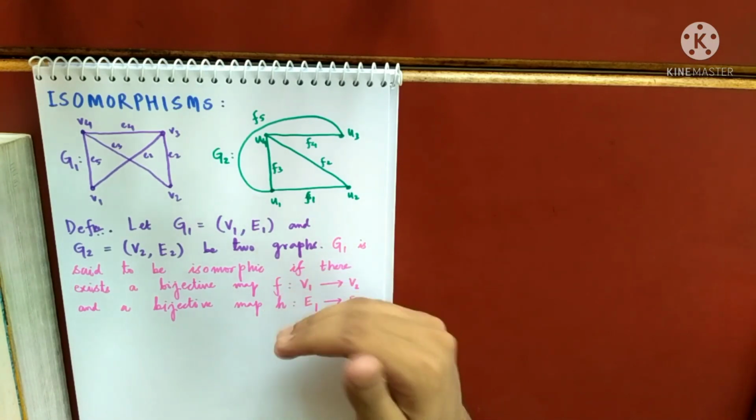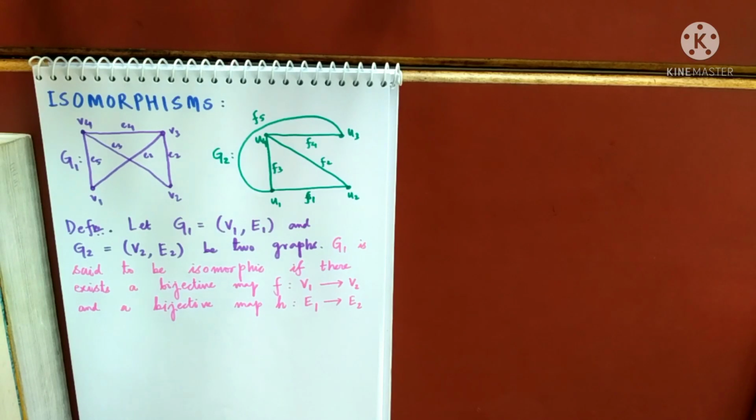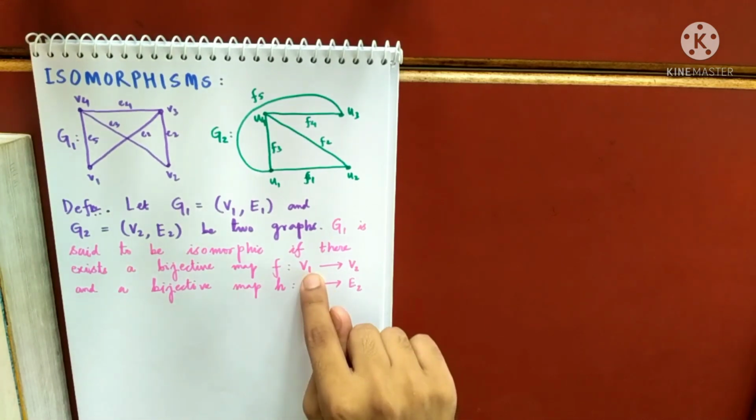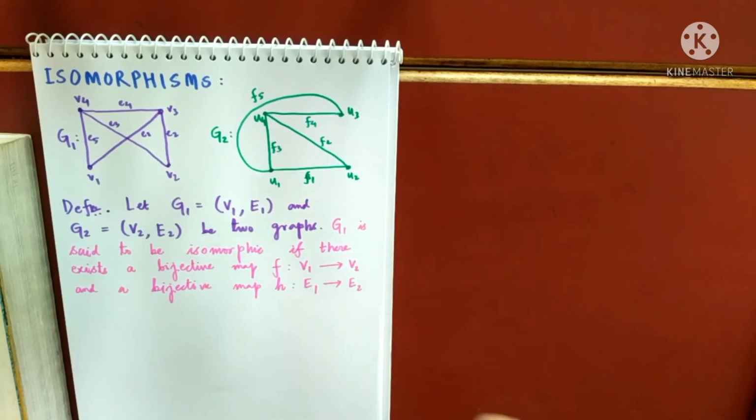If the number of vertices is not the same, it is very clear that these two graphs are different. Because if the graphs are the same, they have the same number of vertices, the same number of edges, and they look exactly the same. This is what I mean by a bijective map from V1 to V2 and E1 to E2.